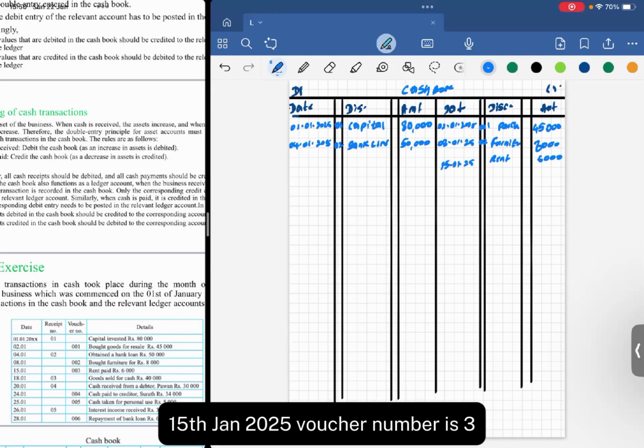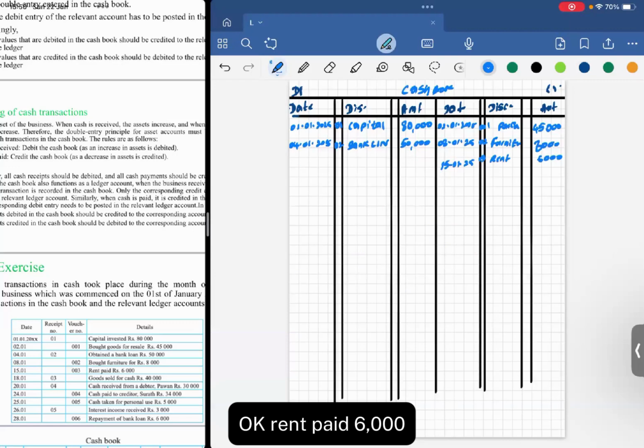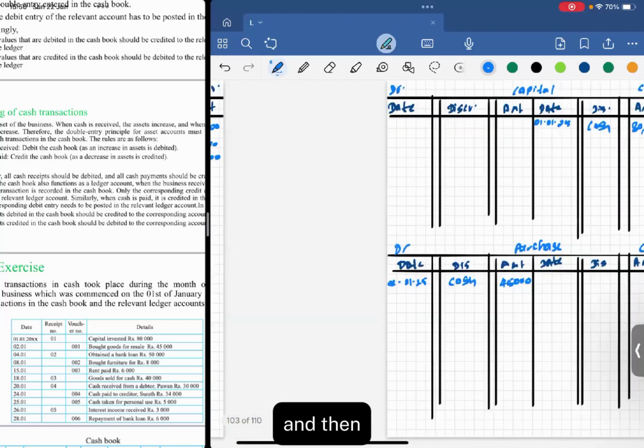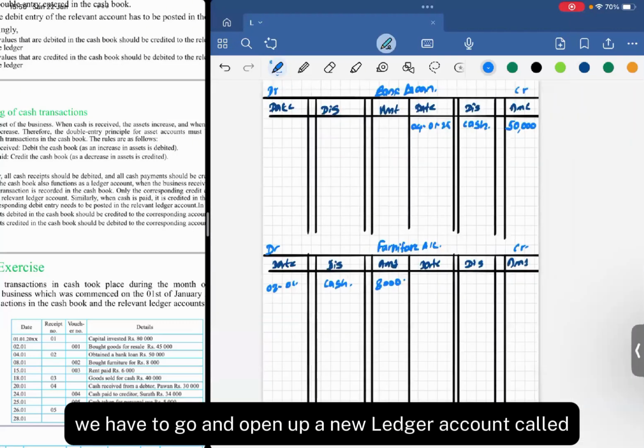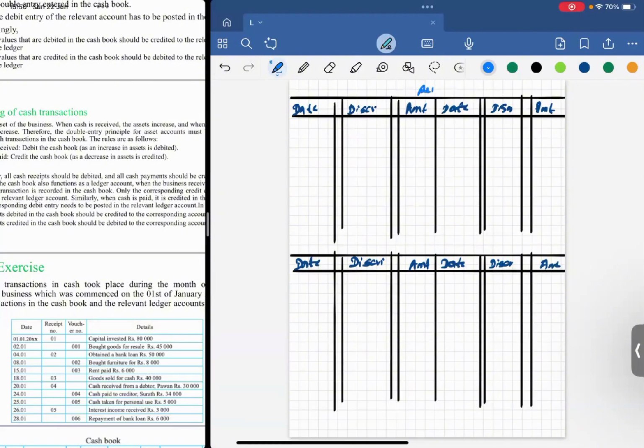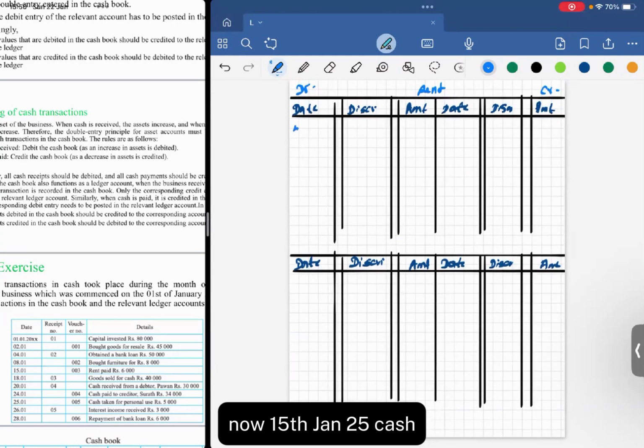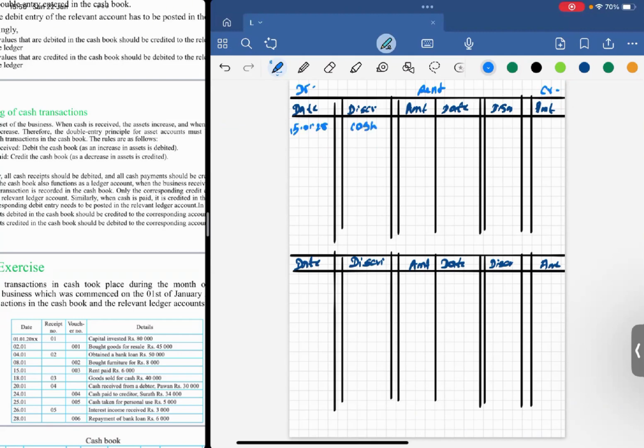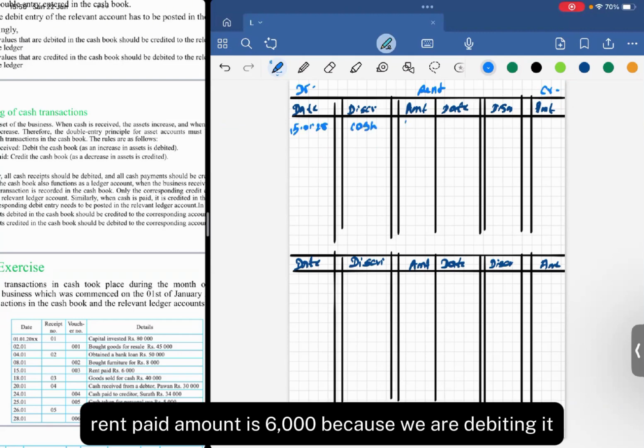Voucher number is 3. Rent paid 6,000. And then we have to open a new ledger account called rent account, debit and credit. Now 15th Jan 25, cash, rent paid amount is 6,000 because we are debiting it.